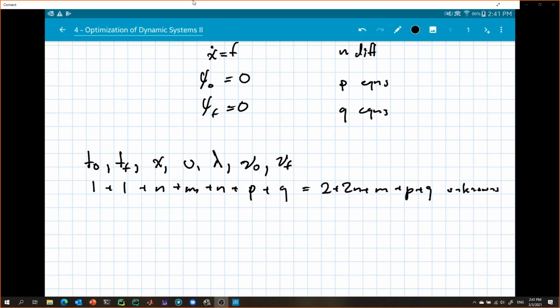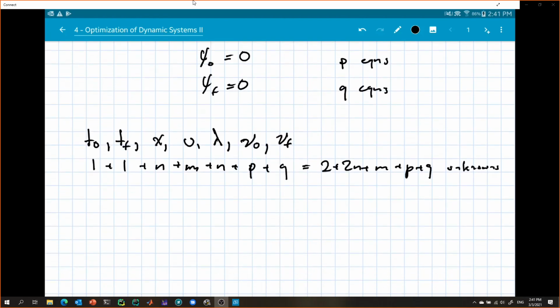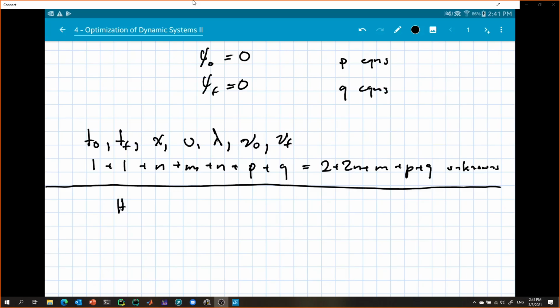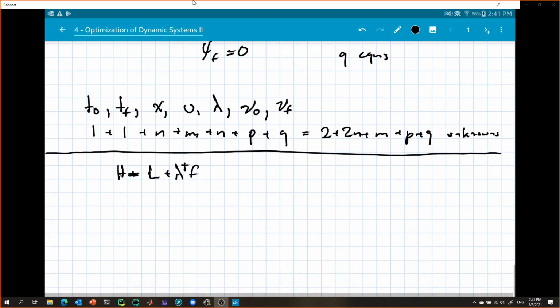Okay, and then before I move to stumbling through examples, I want to point out something else that is interesting. So as of now, the Hamiltonian, which you remember is H is equal to L plus lambda transpose f, right?